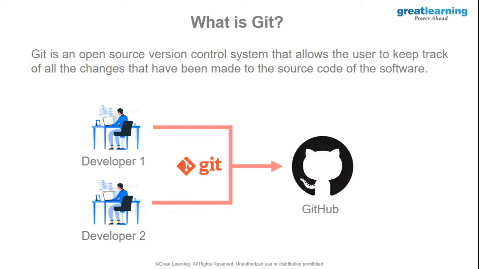When you're done doing all the work on your local system, you push it to a storage location. GitHub acts as your storage location where you store all of your code. You will be making those changes and saving them with the help of Git, but you will be storing it in GitHub. So GitHub is your dedicated storage location.